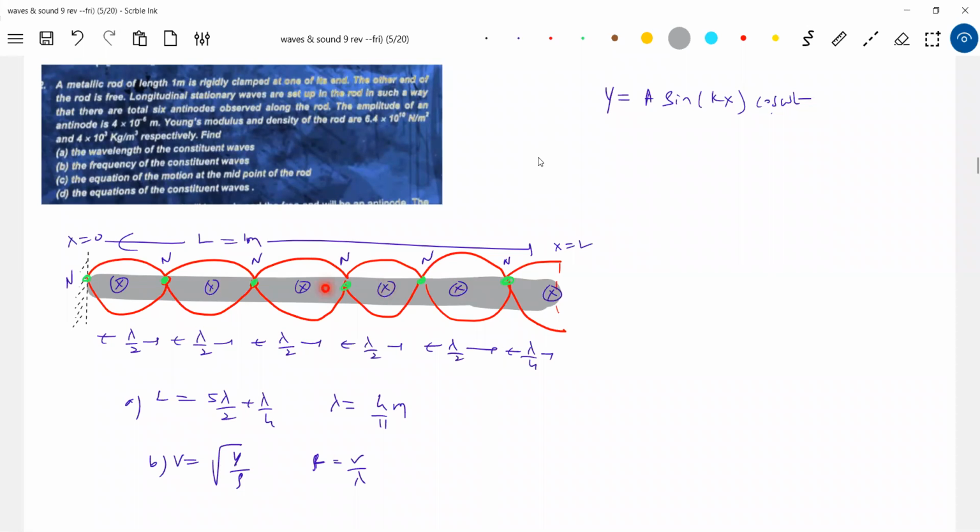Now the midpoint, shall I take this to be the midpoint? Two loops from here, one, one, two loops. Yeah, this will be the midpoint.